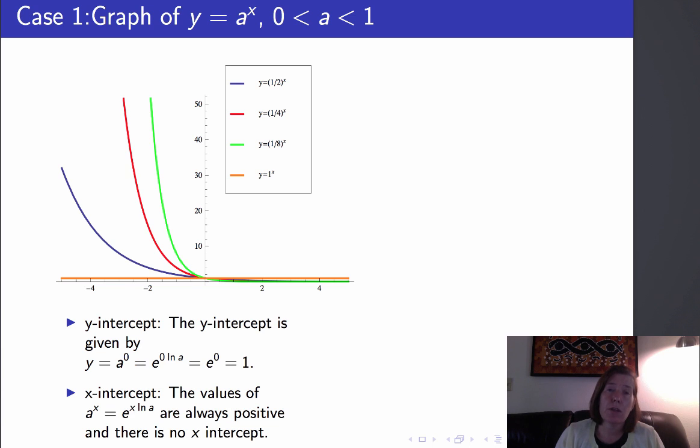Well, this is where the function crosses the x-axis, so the y value is 0. So it crosses at the value of x where a to the x equals 0. But a to the x is e to the x times the natural log of a, and e to any power is always positive, so there is no such x, and there is no x-intercept.